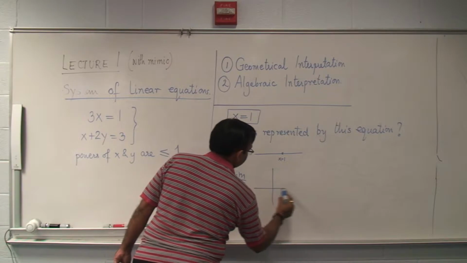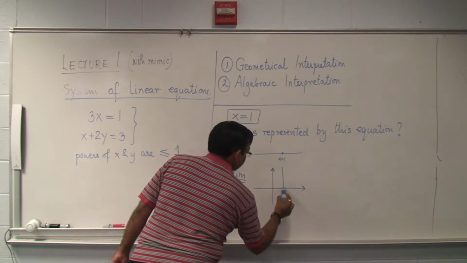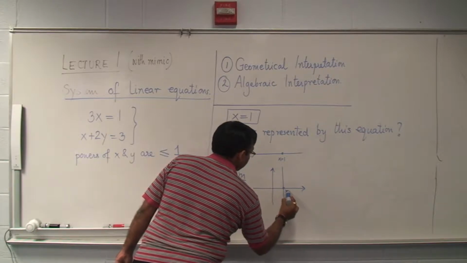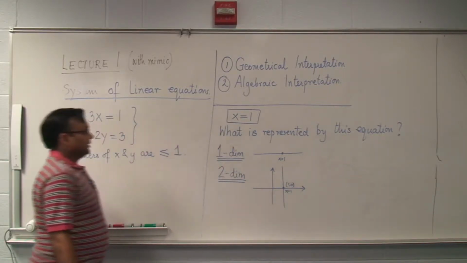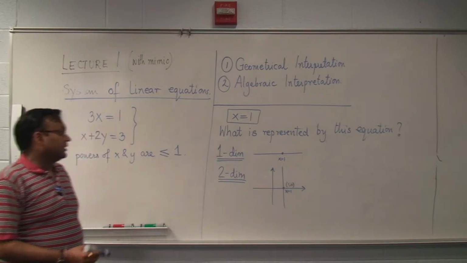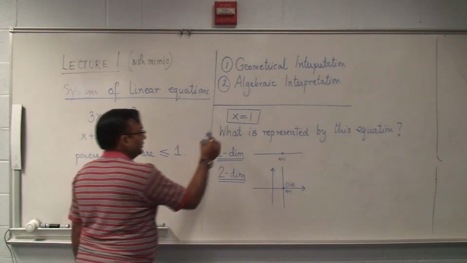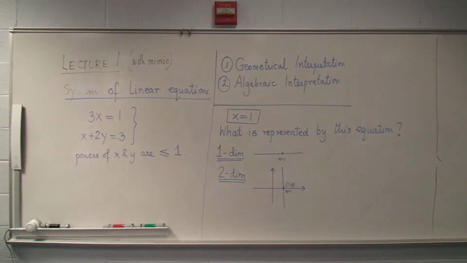In 2 dimensions, x is equal to 1 is a vertical line which passes through the point (1, 0). So as you can see, depending on the dimensionality of the space, we have a different interpretation associated with the same equation. So when somebody says x is equal to 1 always represents a line, that's not an entirely true statement.